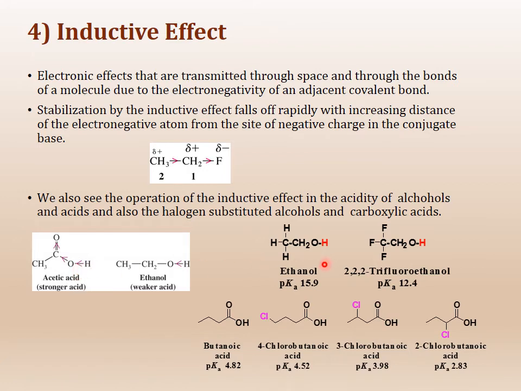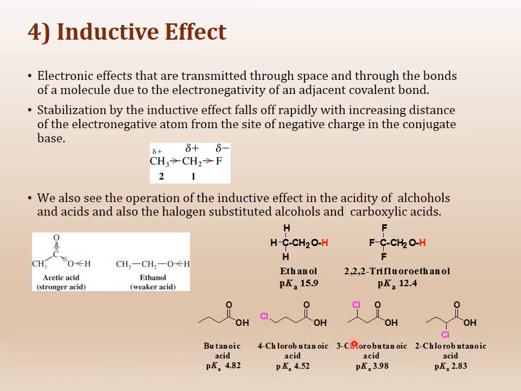You can see the same effect if you have something like ethanol and then something like ethanol in which all the hydrogens are replaced by fluorines here. So now this hydrogen, in the case of simple ethanol, is not so strong of an acid, but when there are three fluorines in place of the hydrogens, now you have the inductive effect working for you, and so this hydrogen is going to be more ionizable, and therefore the pKa of this acid is smaller, which means that this is the stronger acid.